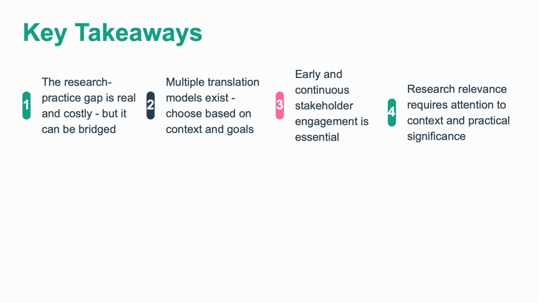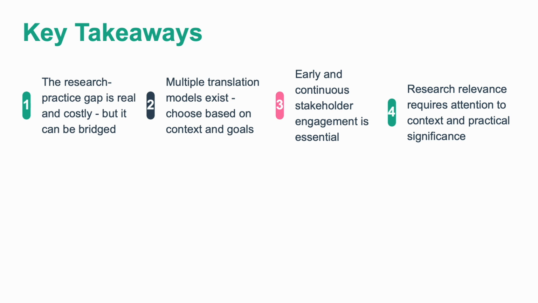Third, early and continuous stakeholder engagement is essential. Don't wait until you have findings to share. Involve stakeholders from day one. Research done with people is far more likely to be used by people.